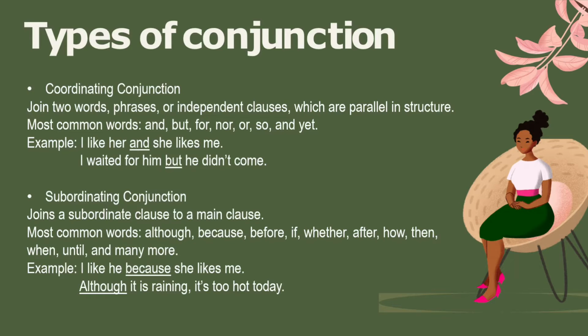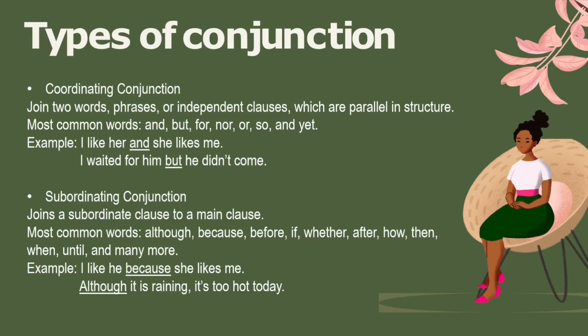First is coordinating conjunction. According to studyandexam.com, coordinating conjunction is to join two words, phrases, or independent clauses which are parallel in structure. There are 7 words which are by far the most common conjunctions: and, but, for, nor, or, so, and yet.